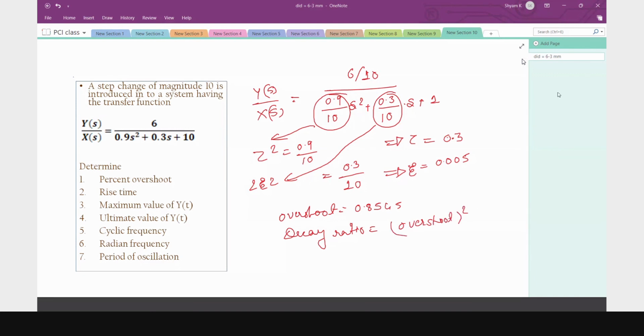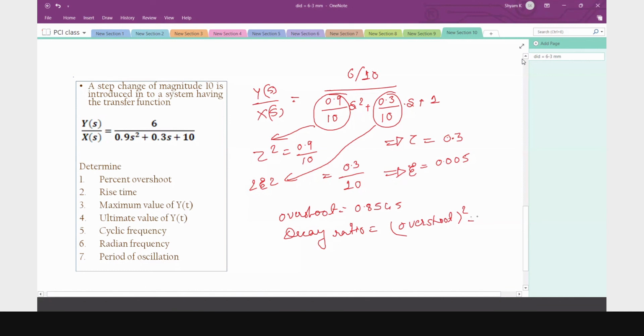Decay ratio is overshoot square. बताइए। करेक्ट करेक्ट, बढ़िया। Decay ratio is 0.7301, correct. 0.73.